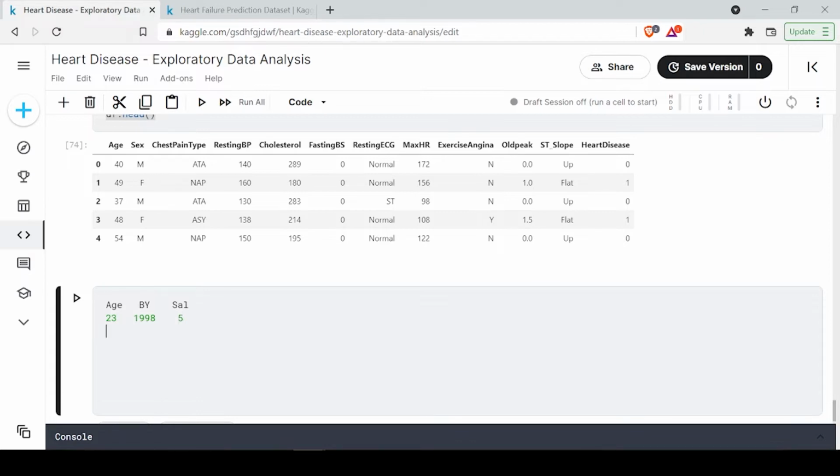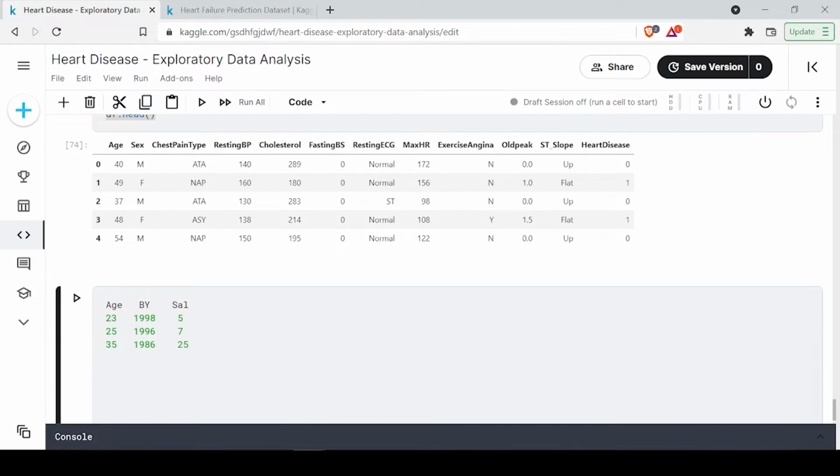We have another person whose age is 25, so his birth year would be 1996, and his salary is, let's suppose, 7 LPA. Again, we have a 35-year-old, birth year 1986, that is much higher, and let's suppose the salary is 25 LPA.